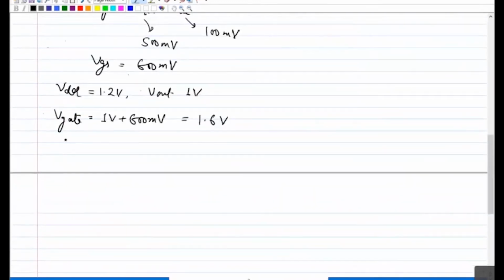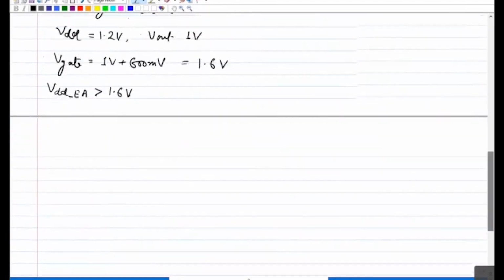Which means if this is the gate voltage required, then your VDD of the error amplifier should be greater than 1.6 volt. Which means if I keep the same VDD, I cannot regulate the output unless your dropout voltage is very high.